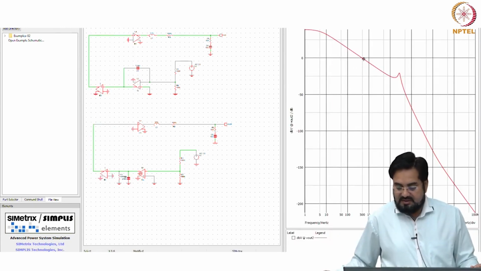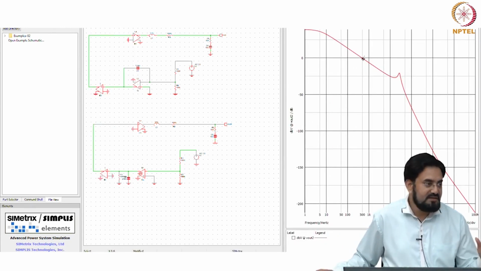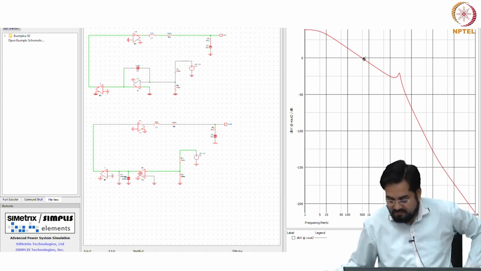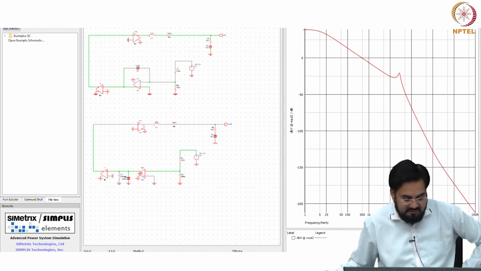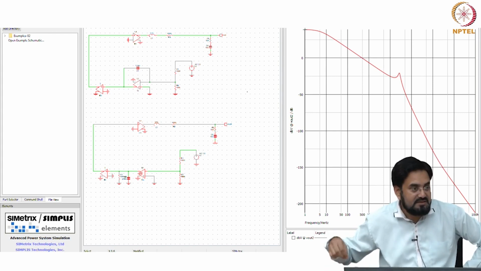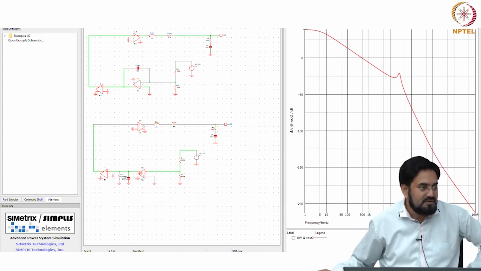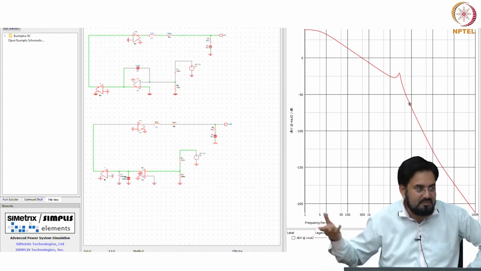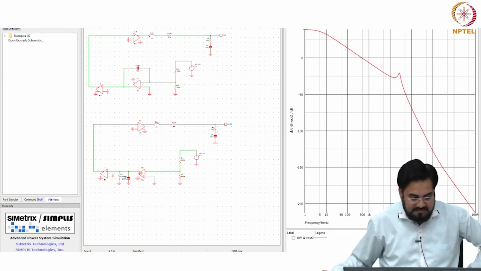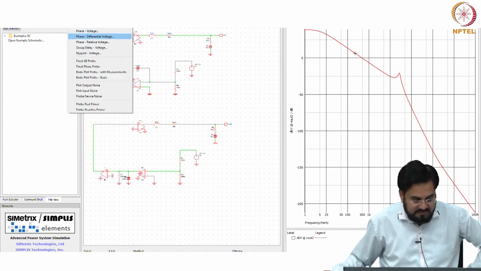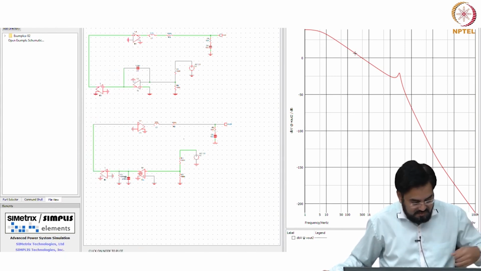So, 0 dB is crossing here because we have killed the bandwidth by making the integrator gain very low, but we have to see where the phase is crossing, or your phase margin is basically around 0, in the sense like it is going to 180 degree. Probe phase.